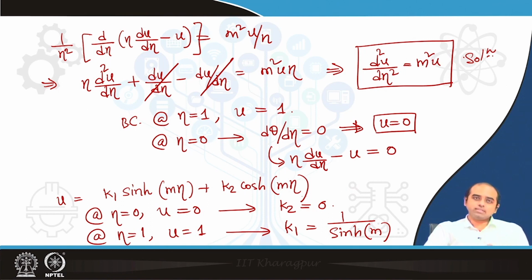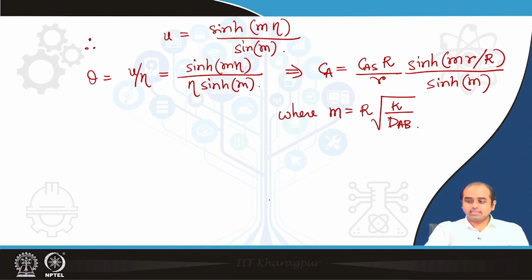And as you know, sinh and cosh functions can also be represented alternatively in the form of exponential functions. Okay. So, the final solution that we get here, C_A = C_AS R_s by r, helps us in evaluating the concentration profile inside the particles, right.